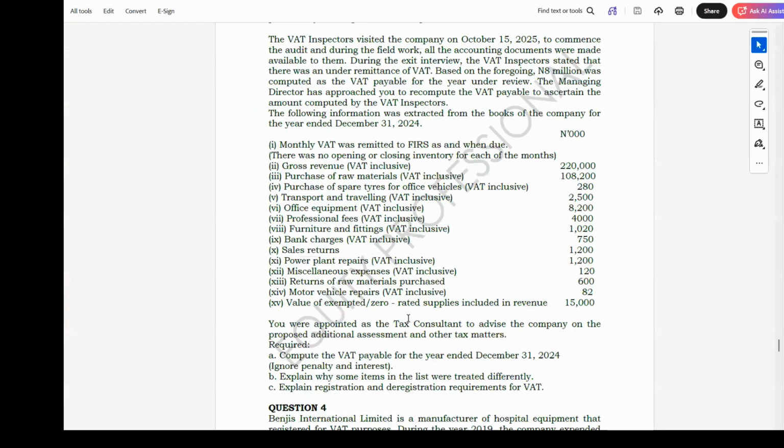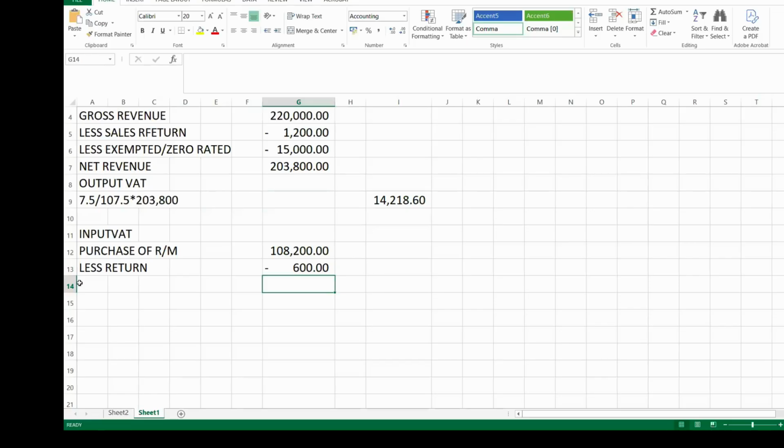You can see that out of all the information given to us, we only make use of 4 or 5 items. So you remove these from here to get your net purchases.